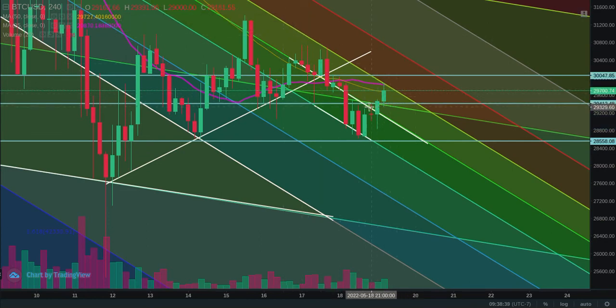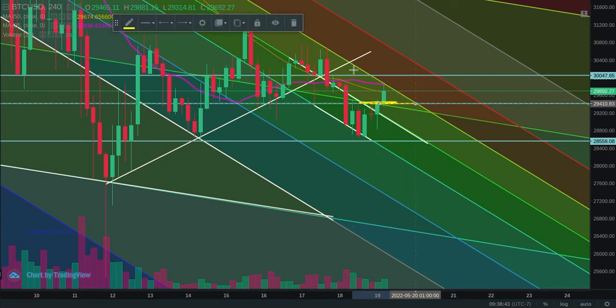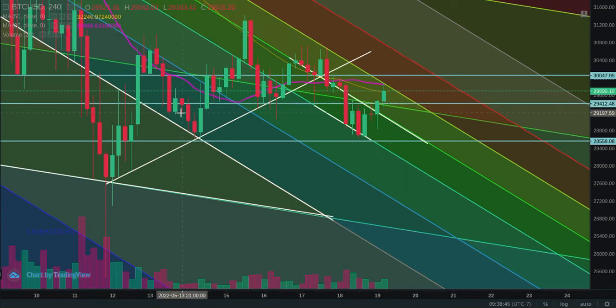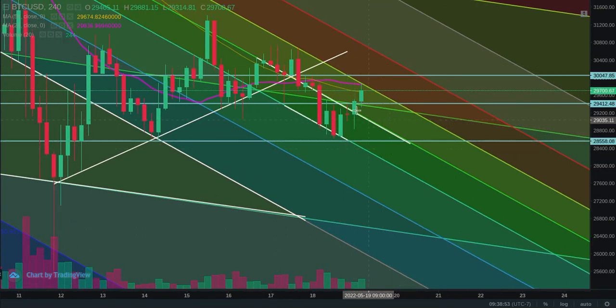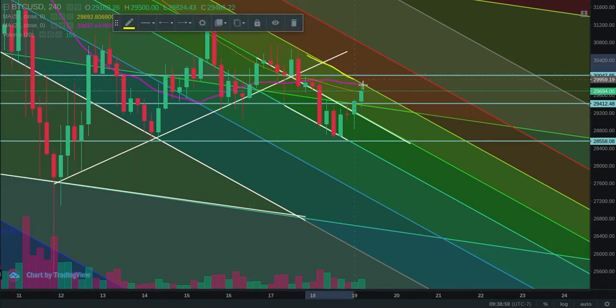But we're also catching support at this 29.4 right here. So this is why it's important. Lines that go left and right are important. Lines that go diagonal are important. Up and down, it all just depends on the trend line. But if you notice, it is respecting that line right there, and we're getting a bounce here.